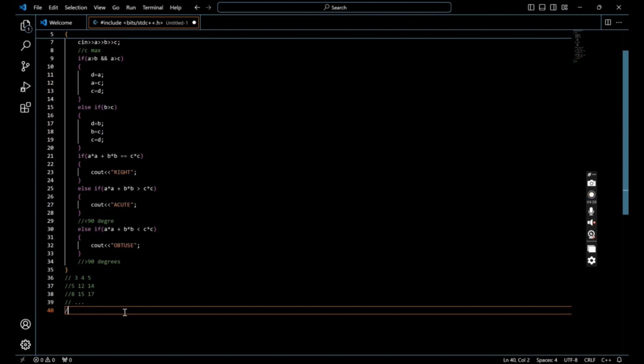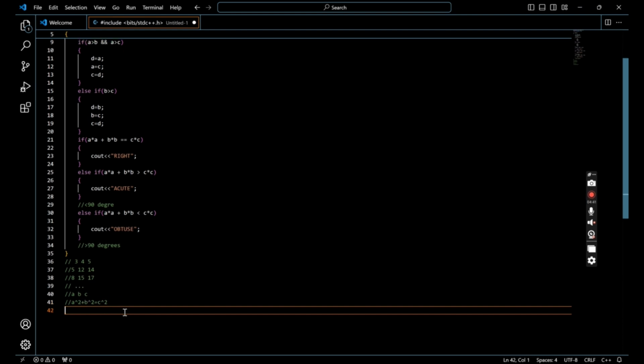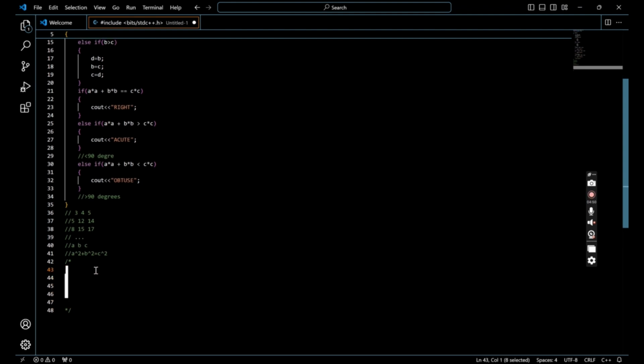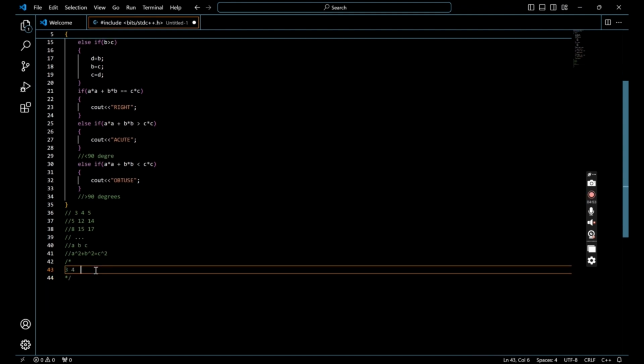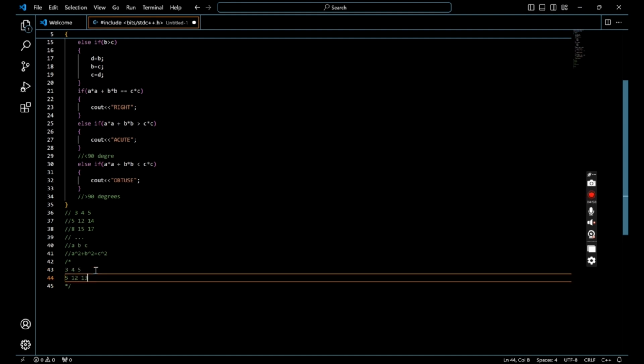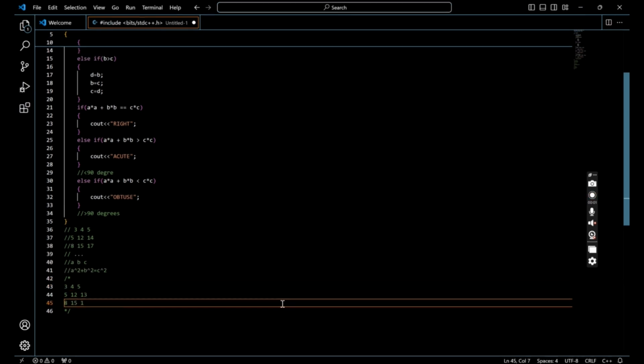But with coding, we could just take A, B, C, do it like this, and then check if A squared plus B squared equals C squared. Then we go by, and it's going to print really fast. It's going to print. So let's just do this. It's going to say, it'll speed up, 3, 4, 5, 5, 12, 13, 8, 15, 17.